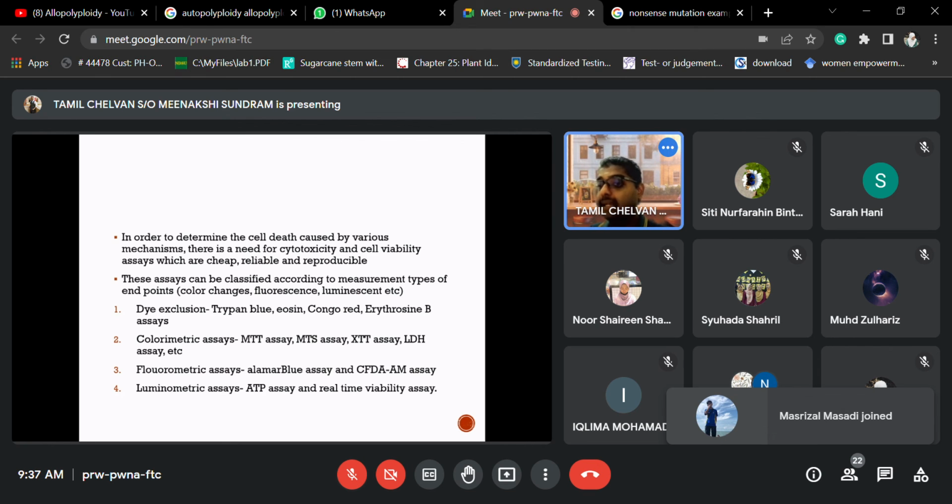There's the dye exclusion test: trypan blue, eosin, Congo red. Colorimetric assays: MTT assay, MTS assay, XTT assay, LDH assay. There are also fluorometric assays, alamar blue assay, and CFDA-AM assay. Luminometric assays, and so on.